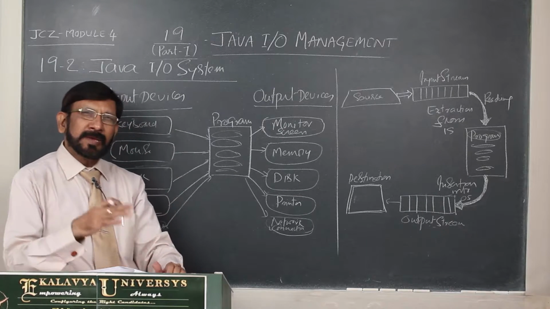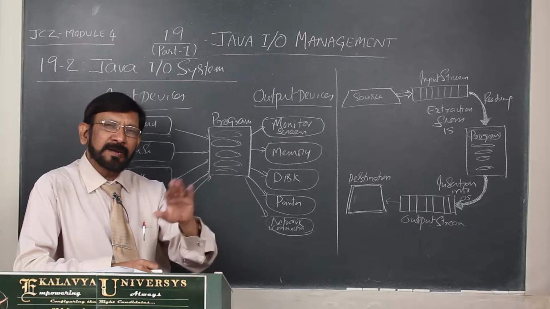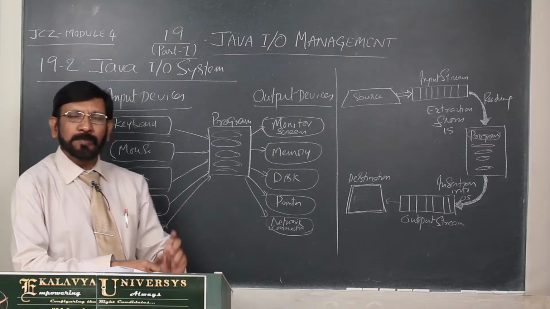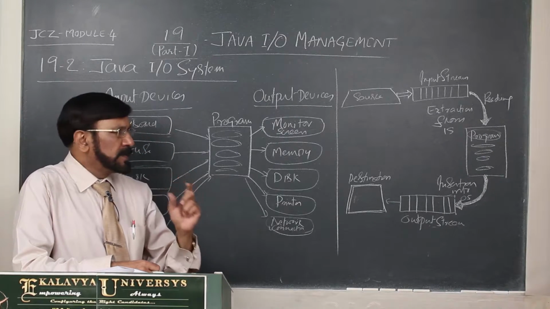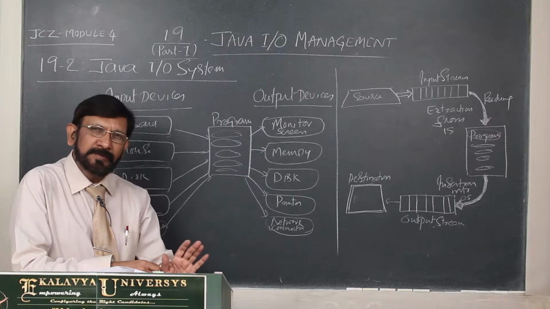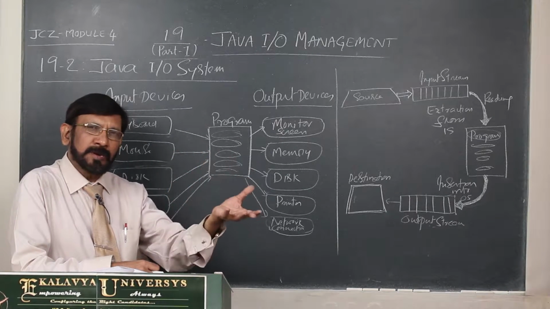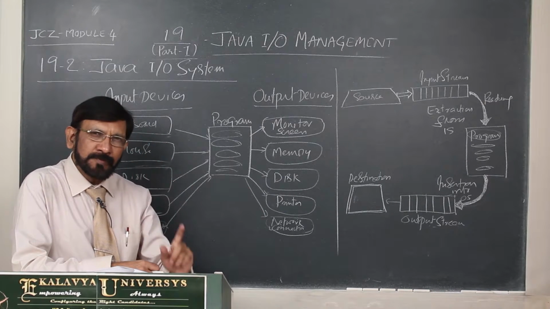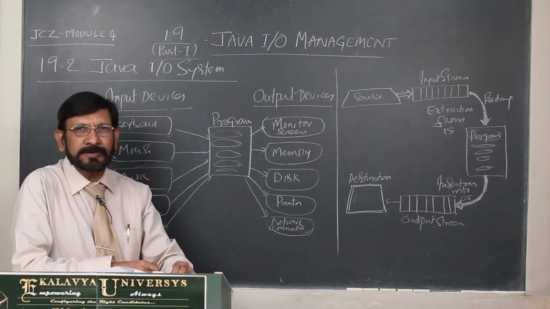Otherwise, they give some answer which may not be correct or complete. That's why I am focusing on each and every point. You should crystallize your knowledge on each and every concept. That is very, very important. Once you have a clear idea on a particular concept, you can deliver it properly. Half knowledge is much more dangerous than no knowledge.